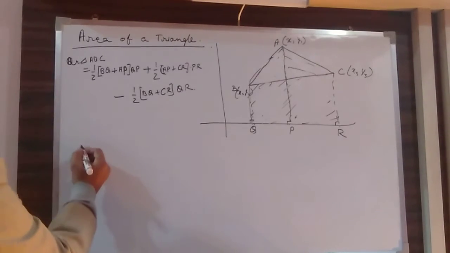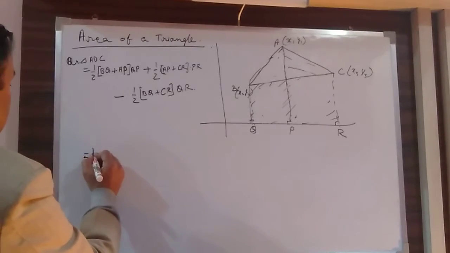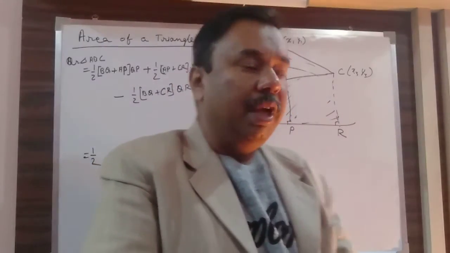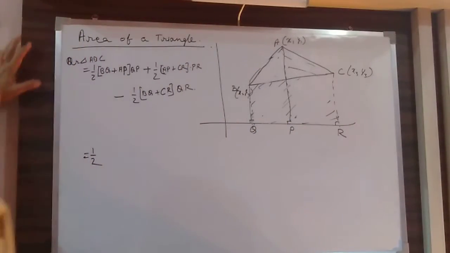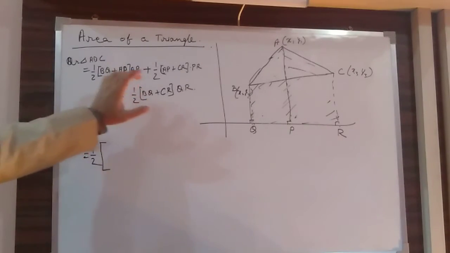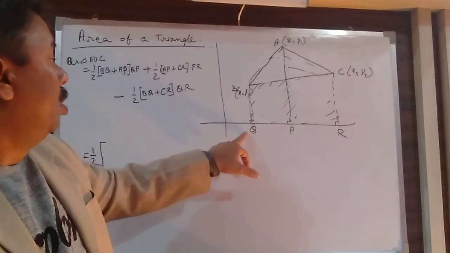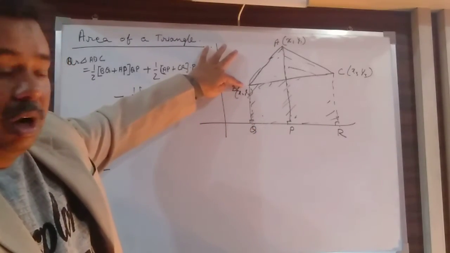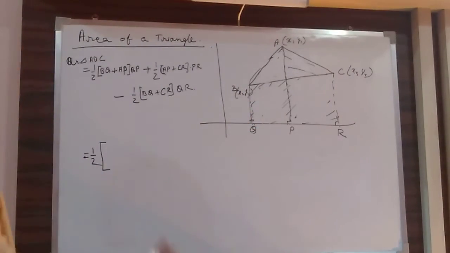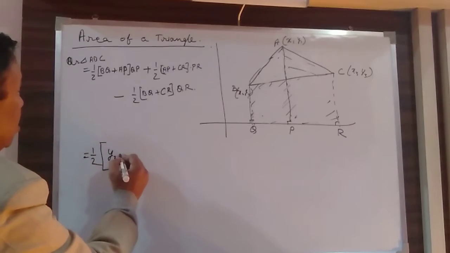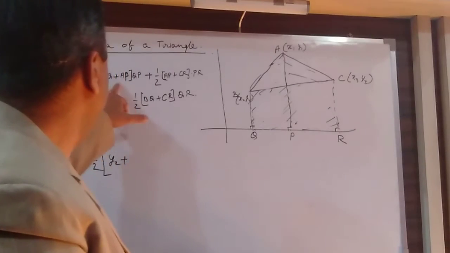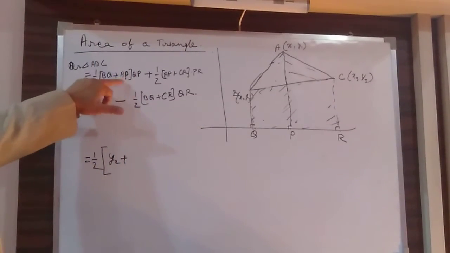Now you see, half is the common factor in all of them, so I will take it out. Now inside the bracket, what is BQ? BQ is the distance of point B from the x-axis, so it is y2, plus AP. Sorry, I have to take AP.